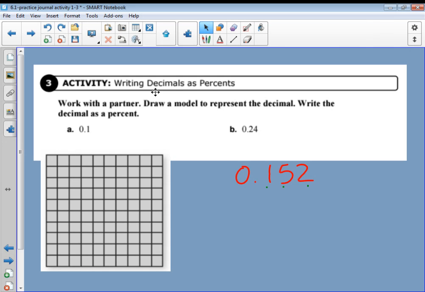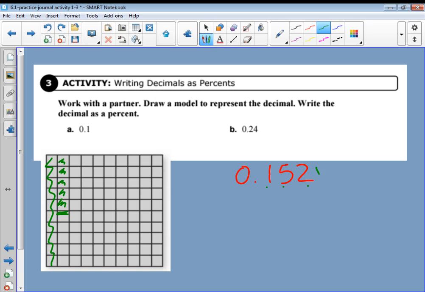If I wanted to, I would color in 15. So 10, 11, 12, 13, 14, 15, and then 0.2, about there for that.